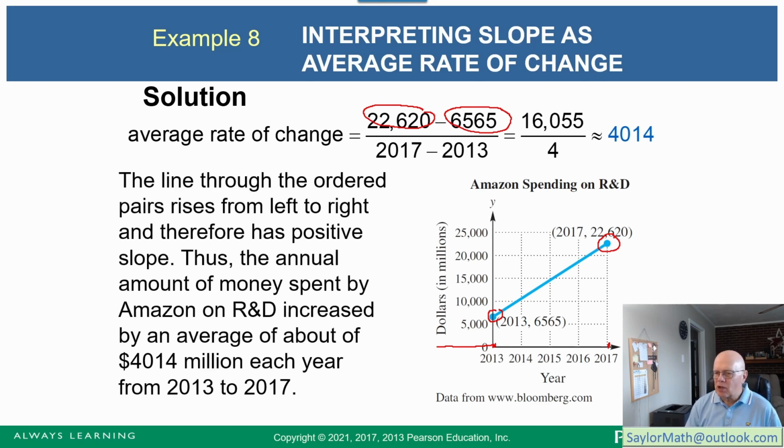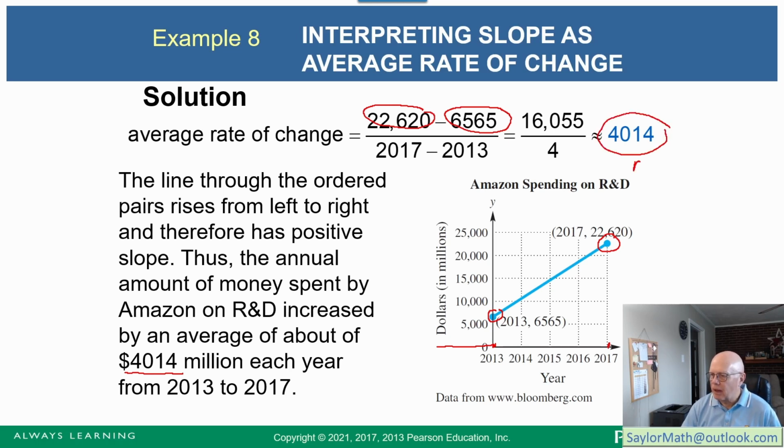So what it shows is that it has a positive slope. That's good because it is going upward. And if you own Amazon, you want those sales to go upward. The annual amount increased by an average of about 4,014 every year. Why? That's the slope.